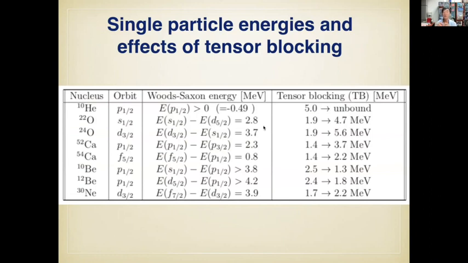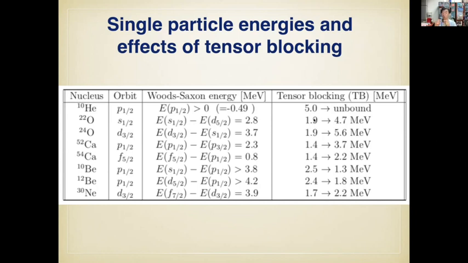If you block one transition of one pair, how much is it? In helium, it is about 5 MeV, and in oxygen-22, 2 MeV, and 24, 2 MeV. Of course you have to count how many pairs are blocked, so you have to multiply by that. I'm just giving you the energy; only a few MeV change occurs because of this blocking.